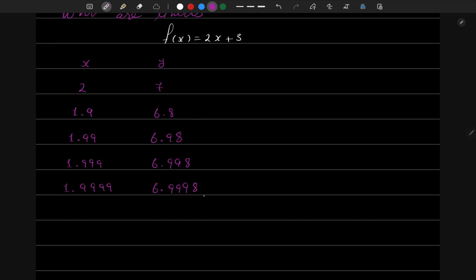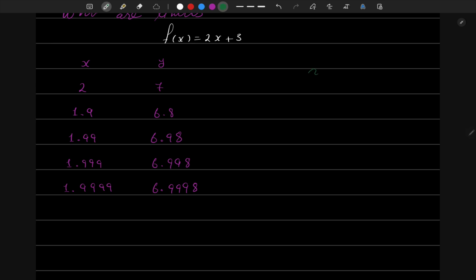And the closest of all of those values to 7 is 6.9998. So as I get close to 2 on x, I get close to 7 in y. So I can say that the closest value to 2 will give me the closest value to 7.